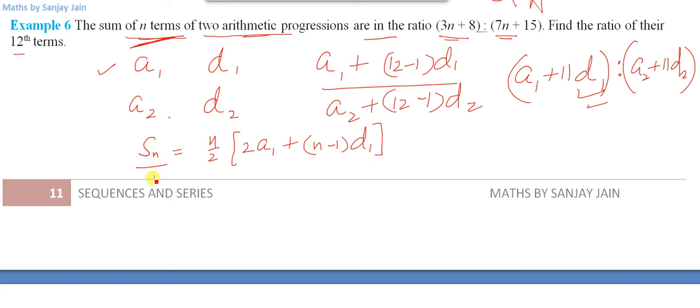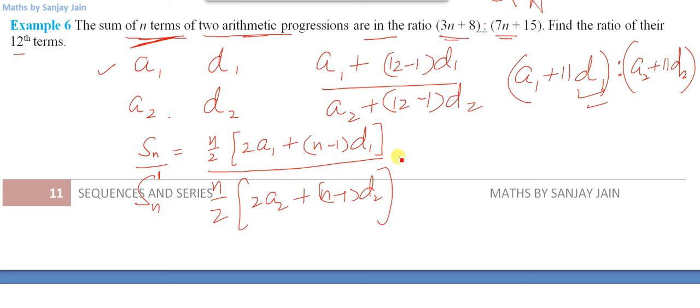And if I call the sum of n terms of the second progression as Sn dash and divide it with that, it will be equal to n by 2 twice of a2 plus n minus 1 into d2, and this ratio is given as 3n plus 8 by 7n plus 15. This ratio is given, right? And I am looking for this ratio. So if you notice, this n by 2 can be cancelled.